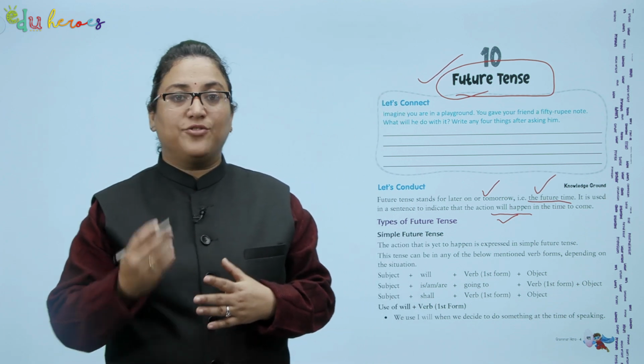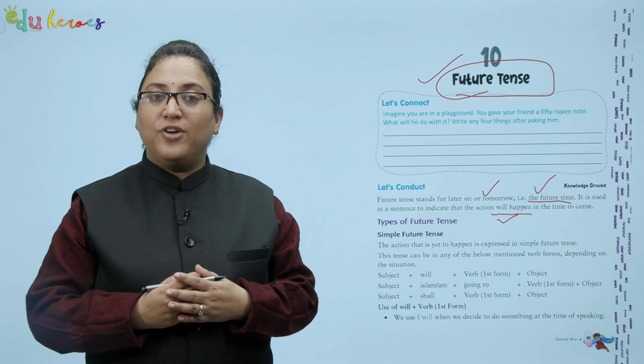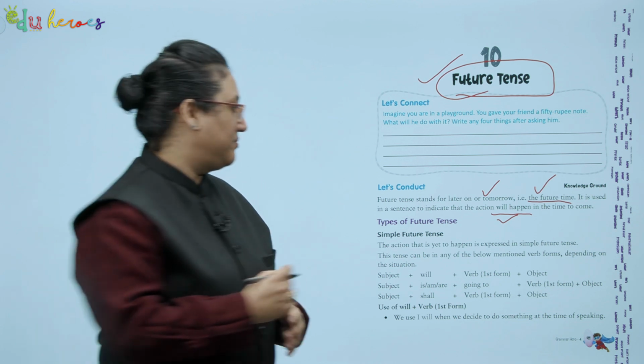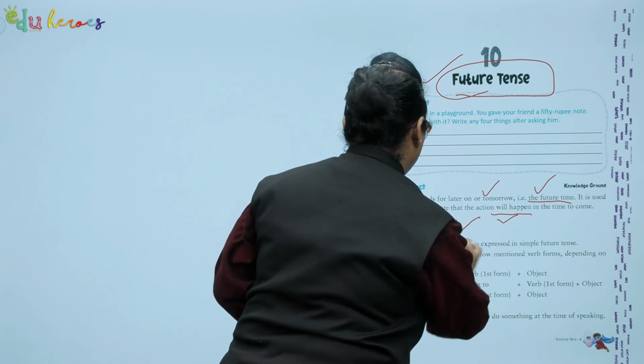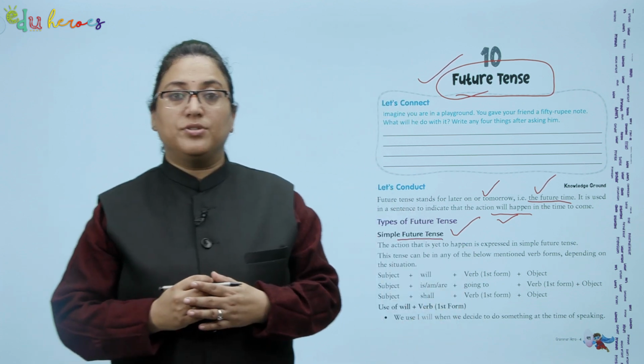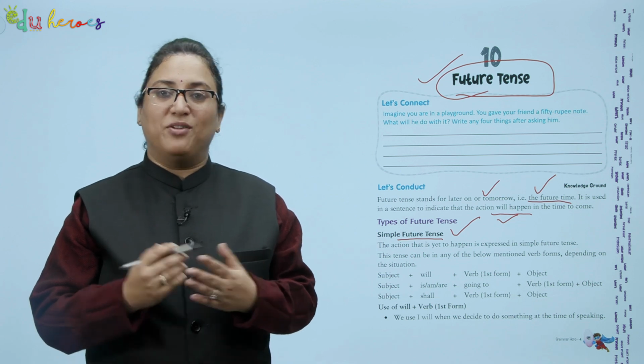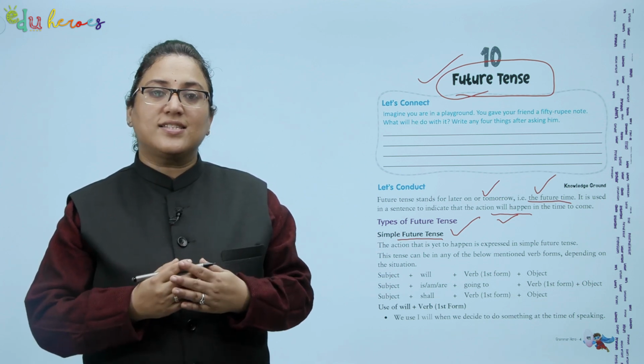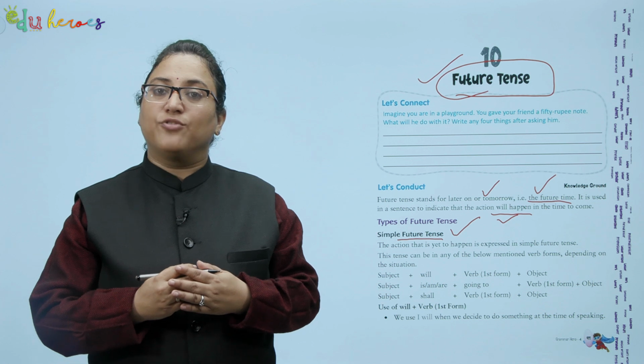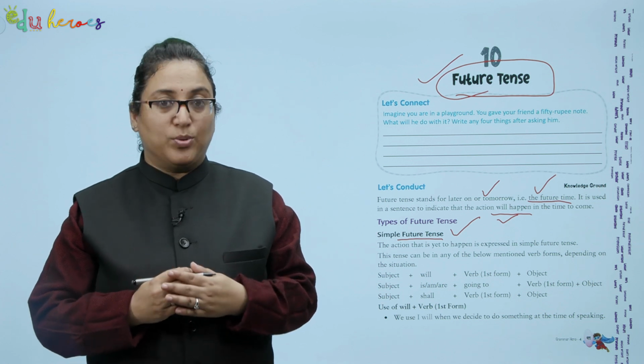Now let's study the different types of future tense. First, simple future tense. Children, the action that is yet to happen is expressed in simple future tense. This tense can be in any of the below mentioned verb forms depending on the situation.